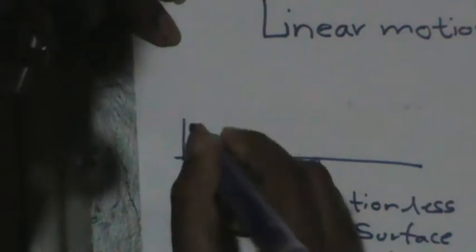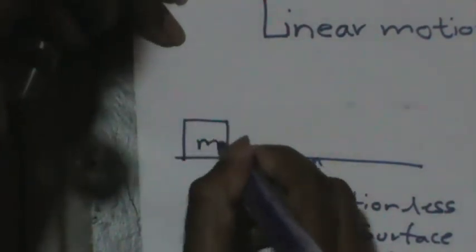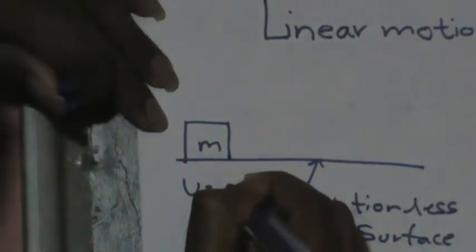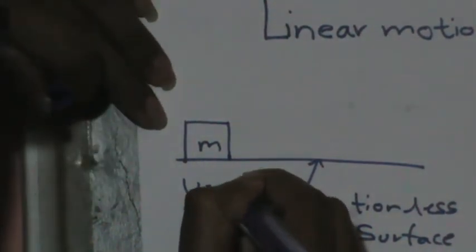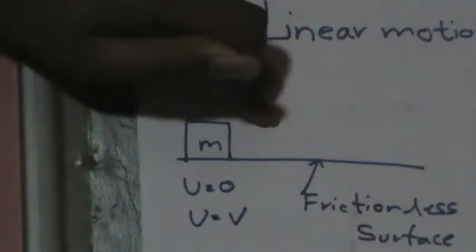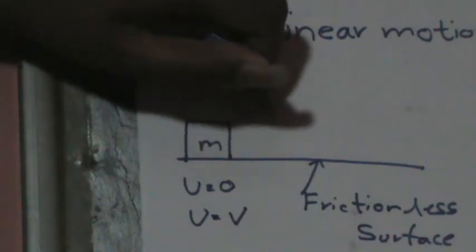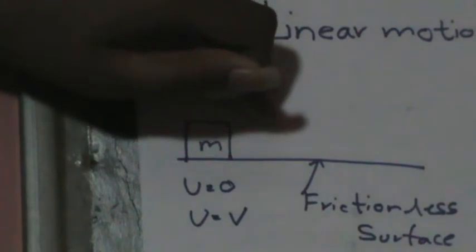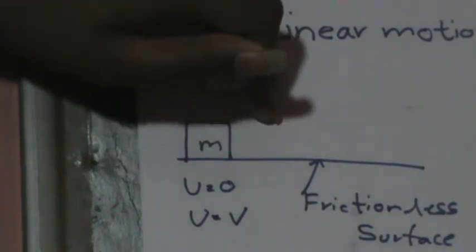I'll take an object of mass m, which is either at rest, u equals 0, or at a constant velocity, where u equals v. According to Newton's first law, for this object to move, you need an external unbalanced force acting on that object. Put an external unbalanced force F.